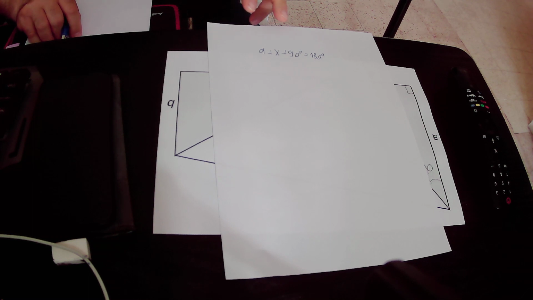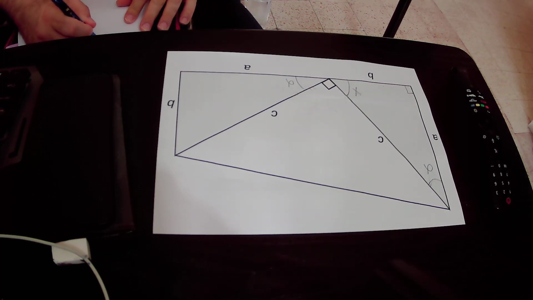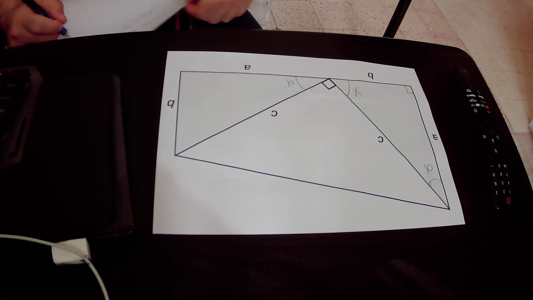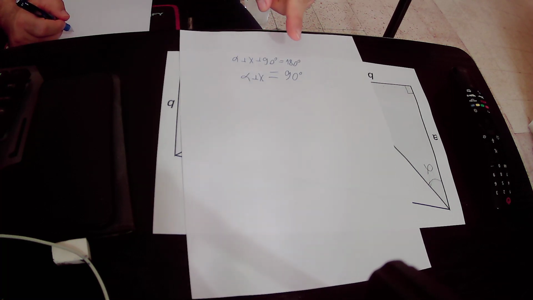Now we can subtract 90 degrees from both sides of the equation, and we will get that alpha plus x is equal to 90 degrees.